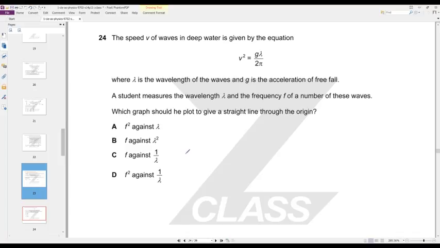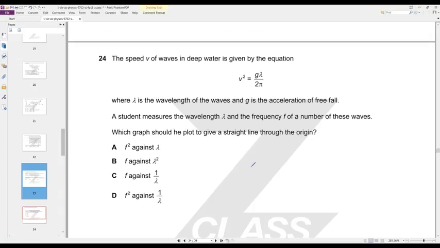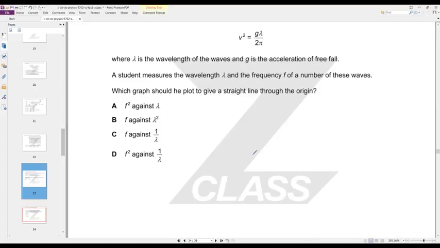So, that's slightly curious. What they're asking you to do here is to substitute in.